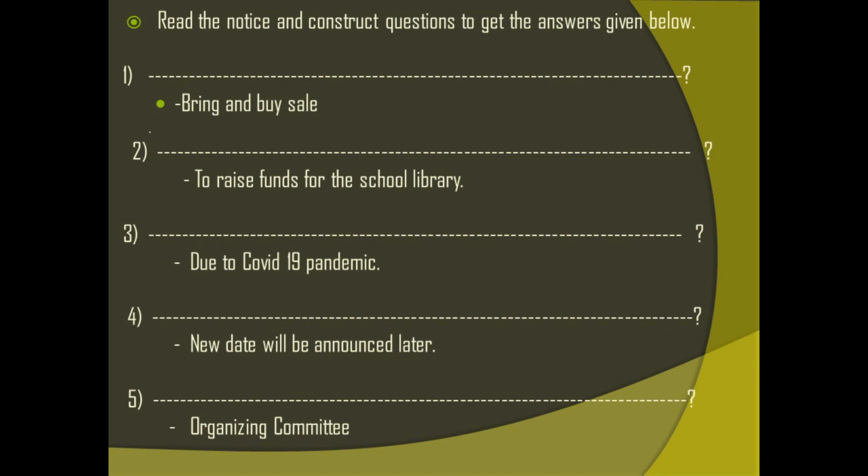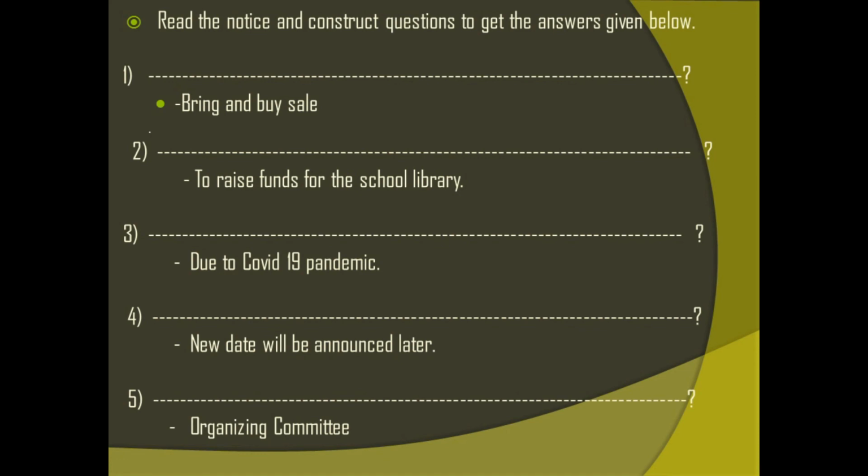Read the notice and construct questions to get the answers given below. In this activity you can see the answers are given, but you have to write the questions. You have to use the WH question words and the words with how. Right?